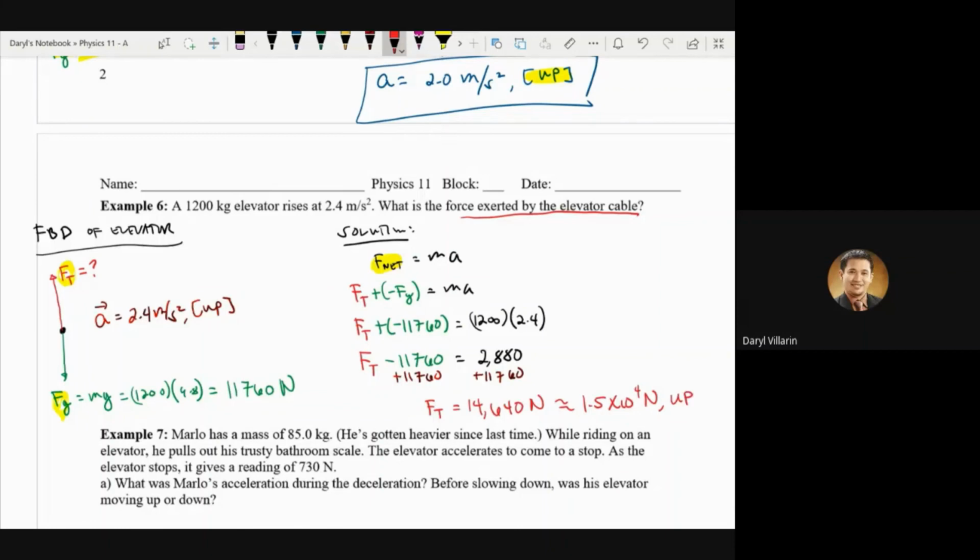This should be upward. Okay, so it also makes sense that the upward force must be greater than the weight. Otherwise, the elevator will not be moving up. In this particular case, right? So the tension must be greater than the weight of the object.